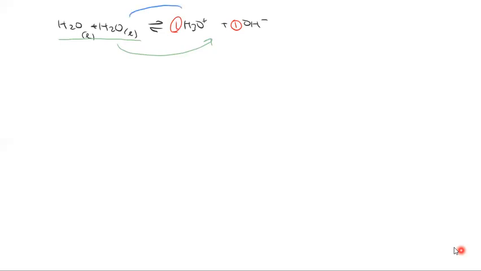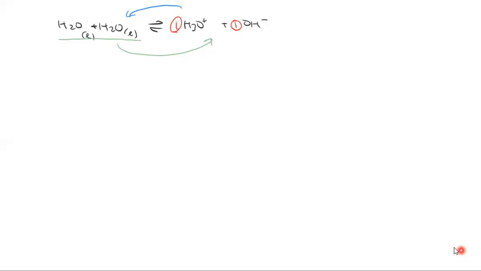If we consider this, these two always stay the same, the 1 to 1. So for every time this happens, you're always going to get 1 hydrogen and 1 OH-. And every time it goes back, you're going to use up 1 and 1 as well.